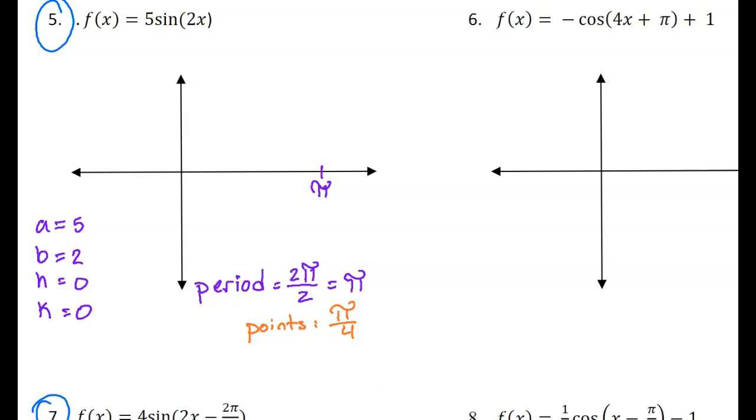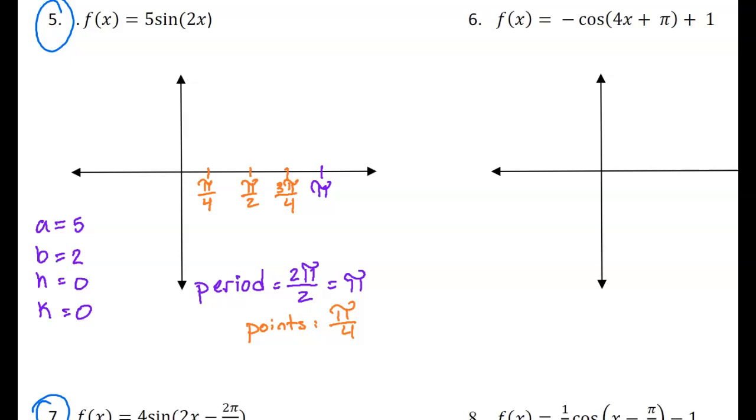From 0, the first tick mark is pi over 4. Then the next tick mark is 2 pi over 4, which simplifies to pi halves. Then our third tick mark is 3 pi over 4, which can't be simplified.